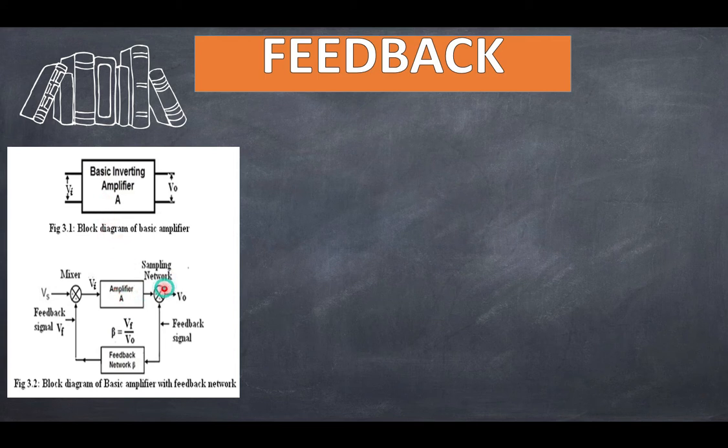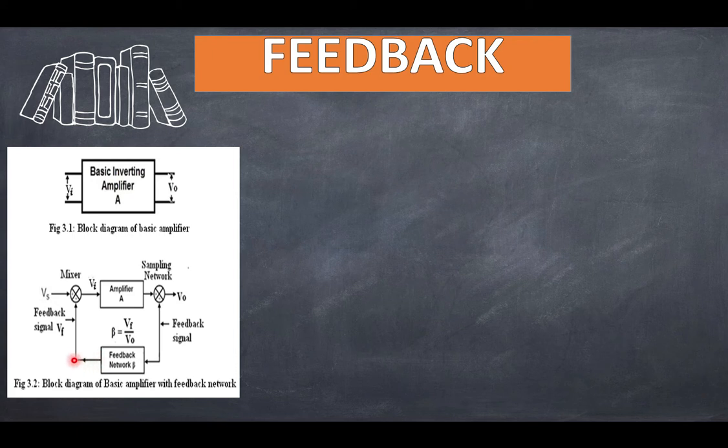The output of this basic amplifier is connected to a feedback network. This feedback network may be resistor and capacitor or capacitor and inductor in general. That is, passive components we use in the feedback network in general. But sometimes we use active components also. In case of op amps like that, we use even active components in the feedback.